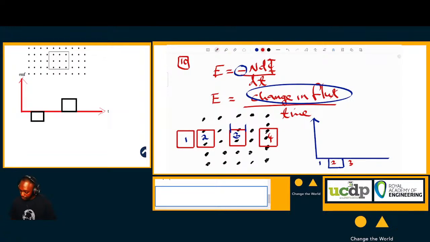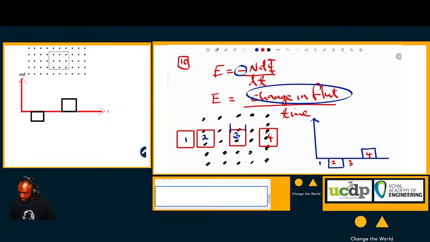Since it's decreasing, it's going to be a negative gradient. Then with the negative in the equation, it becomes positive. So that is why we have got this type of graph. All right. That is at position 4.